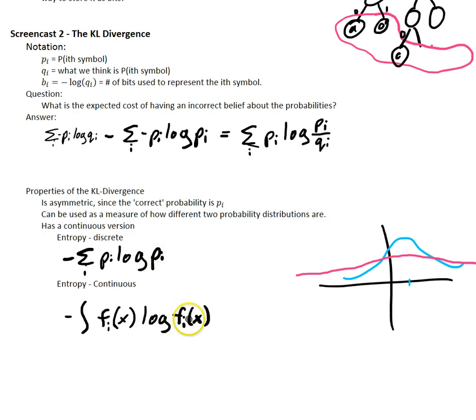So they're not the same formula. This is a version that basically works for the continuous case, and this has a notion of distance, whereas here, this doesn't have a notion of distance.